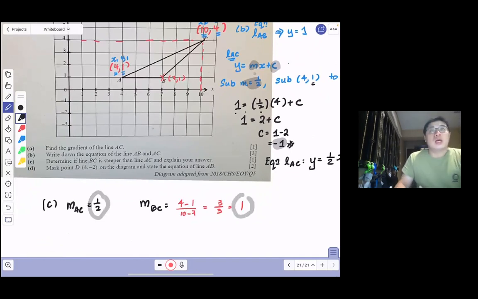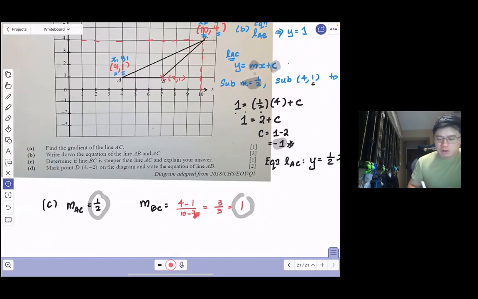So the gradient of AC is half and the gradient of BC is 1. For BC, for every 1 unit change in y, there is a 1 unit change in x. But for AC, for every 1 unit change in y, there are 2 units change in x. So definitely BC is steeper.